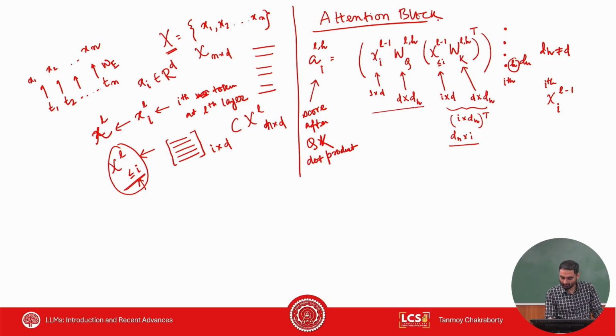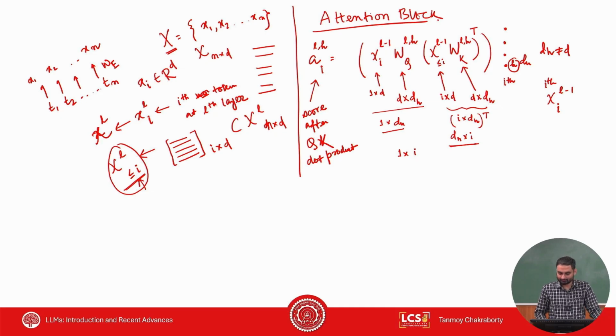And here I have 1 cross DH, right? And 1 cross DH and DH cross I will be multiplied, will get 1 cross I. What is 1 cross I? 1 cross I is basically a vector corresponding to I number of previous tokens, and these are attention scores. So we are good so far.